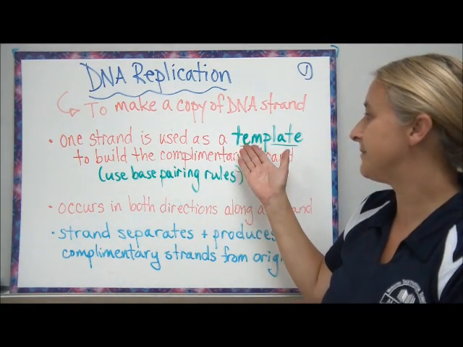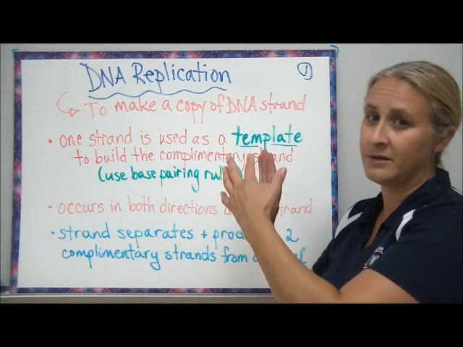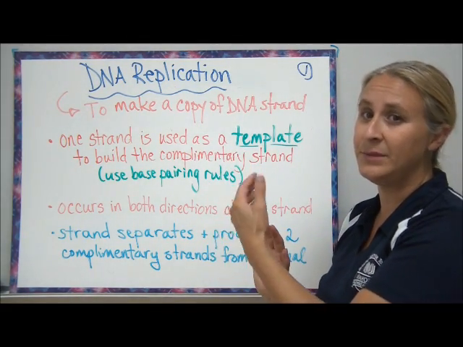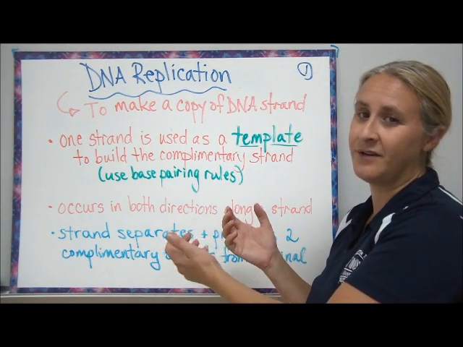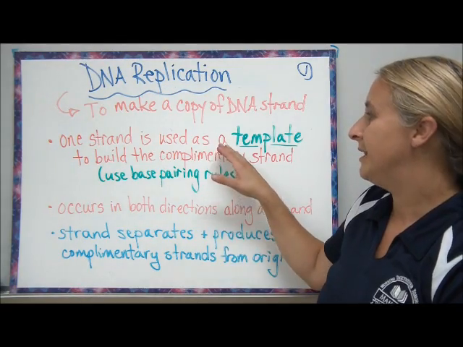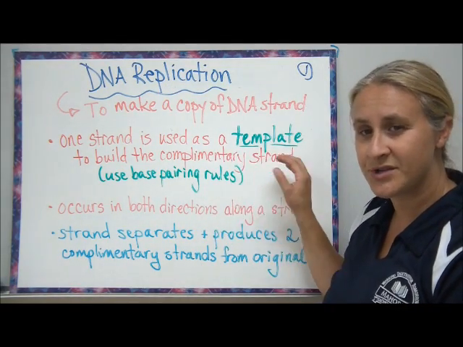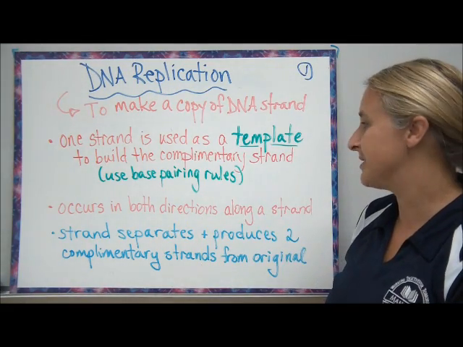And in this case, we know our strands of DNA are complementary to each other, meaning that if there's an A on one side, there's always a T on the other. And if there's a T on one side, there's an A on the opposite. In this case, we're using that one strand when we separate it in order to be able to figure out how to build the opposite strand.